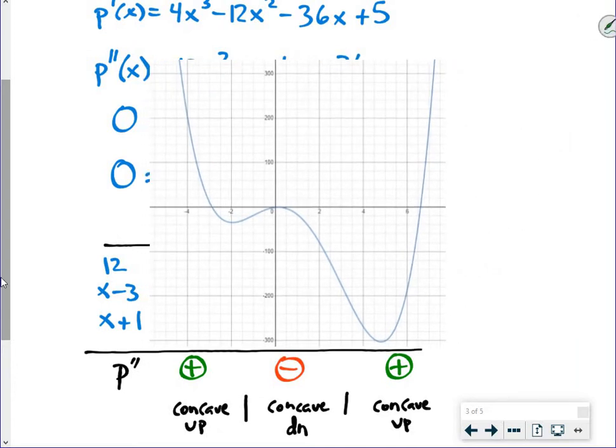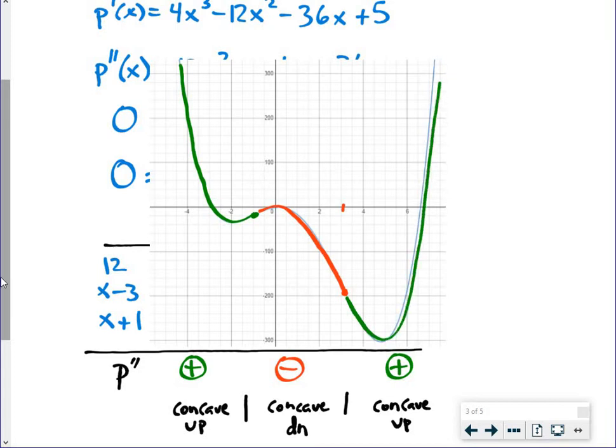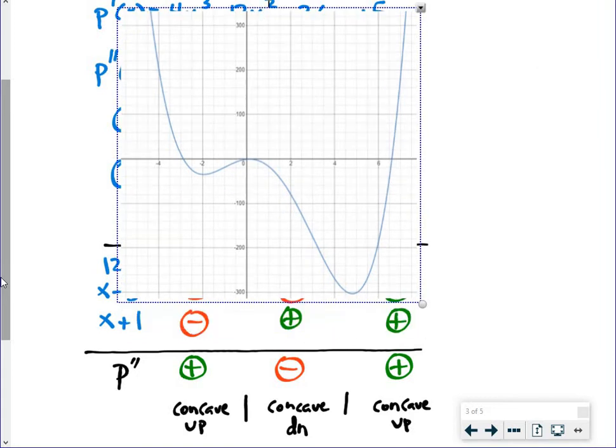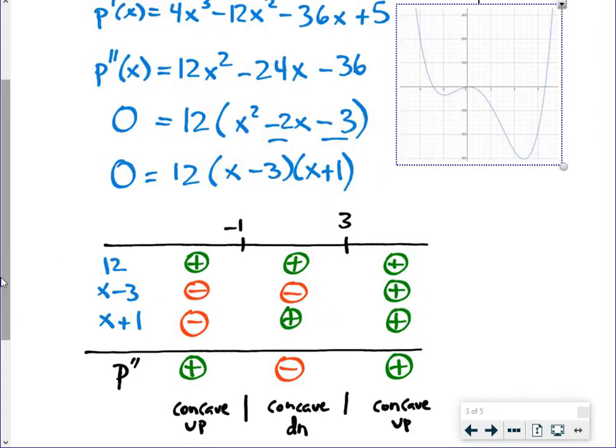So concave up to there, and that looks about right, yeah? And then we go concave down from negative 1 to 3, which looks right. And then it goes concave up again for the rest of it. Great, so that looks more or less as it should based on what we did with our double derivative, or second derivative.